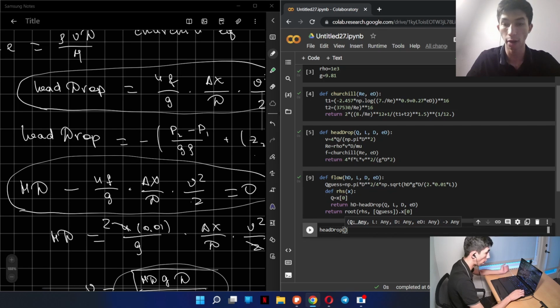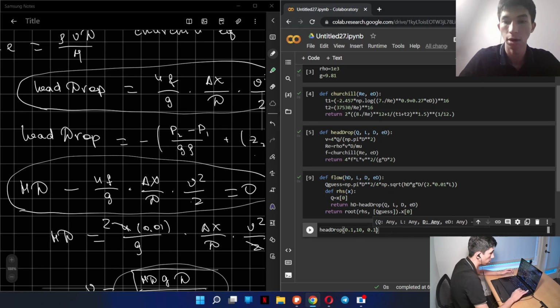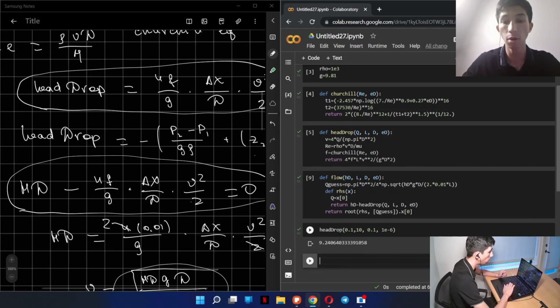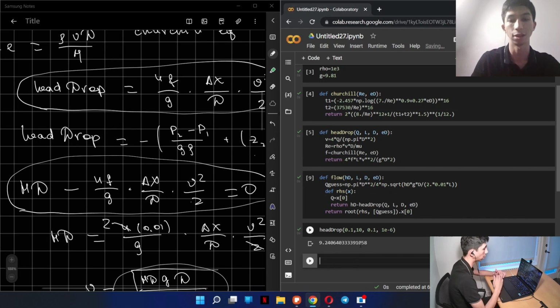Let's say for our flow rate we have 0.1, for the length we have 10 meters of pipe, for the diameter 0.1 meters, and for the roughness 1 times 10 to the power of negative 6. So the number we are getting here is 9.24 for the head drop, right?